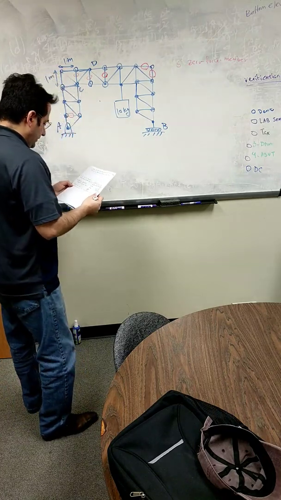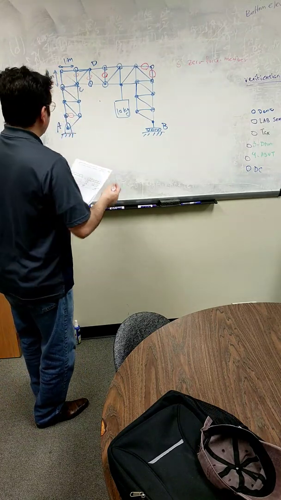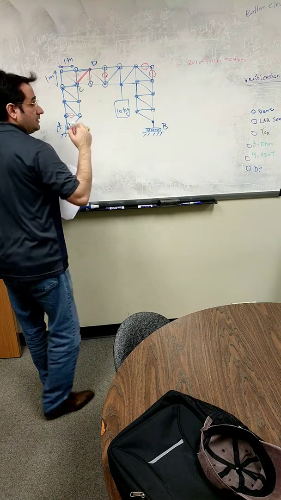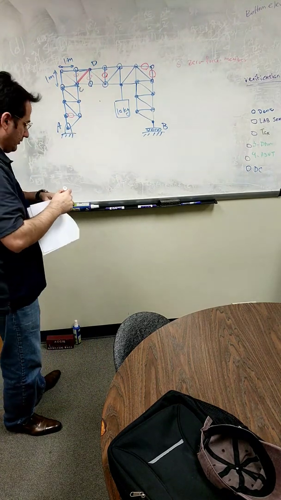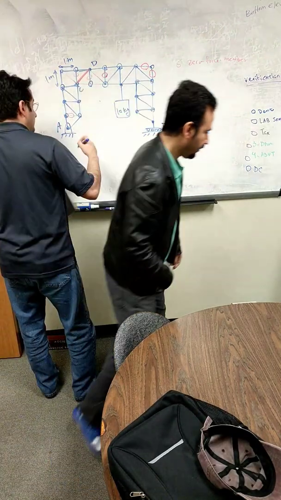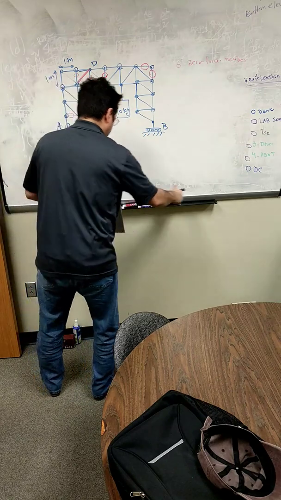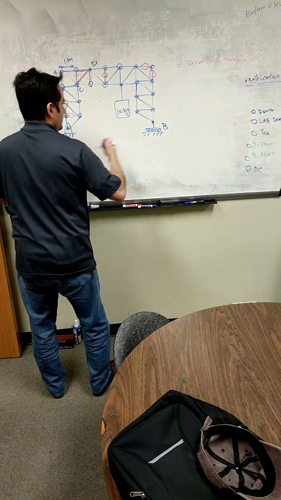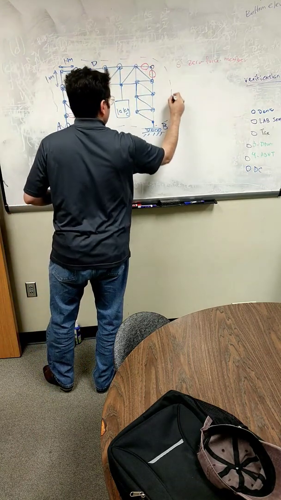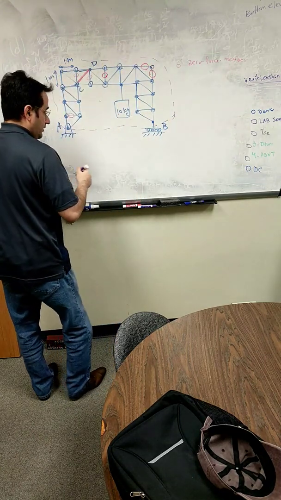The next part says to find the force in this particular member. So what should I do? First, I take the entire truss as a system. There you go. And then I draw an FBD.